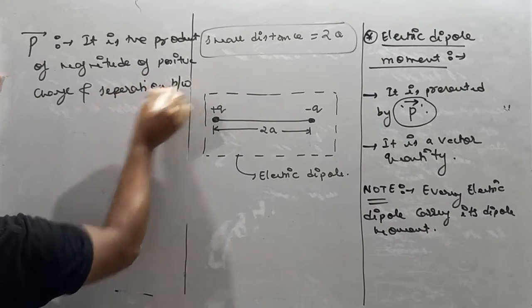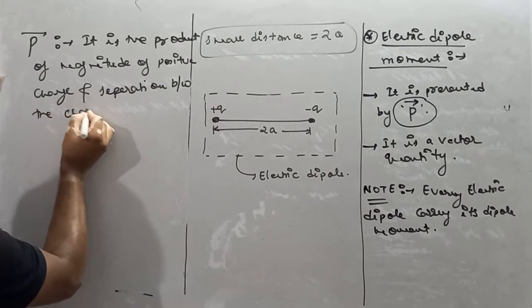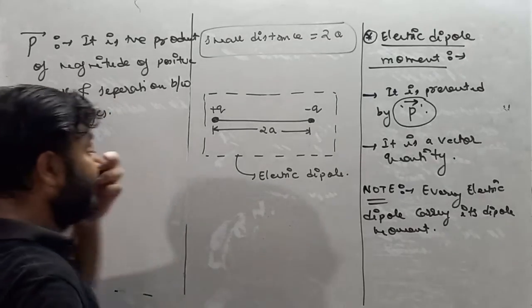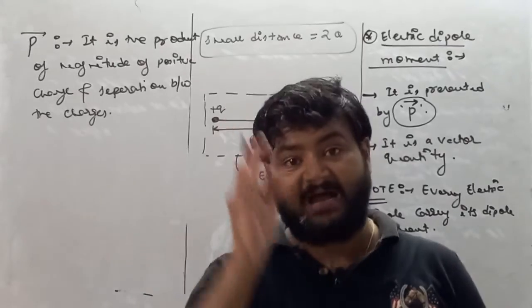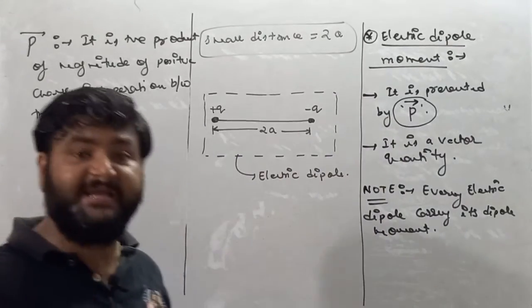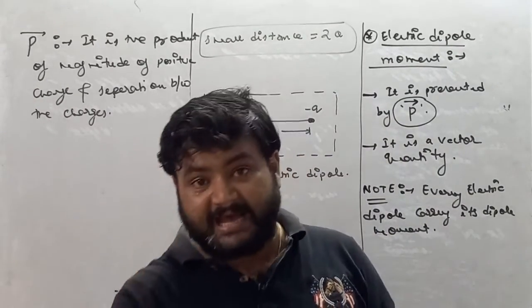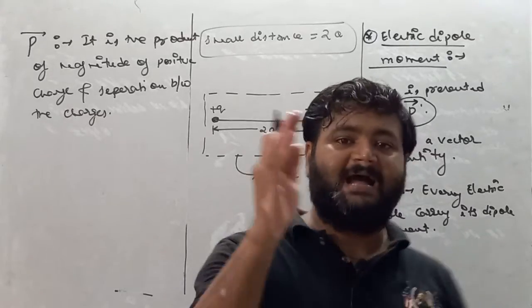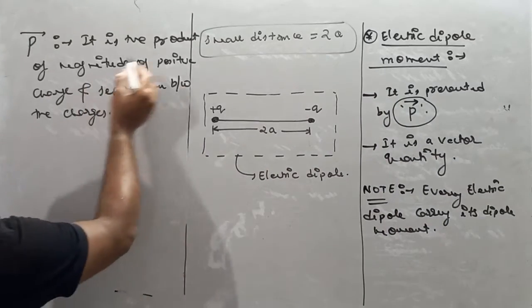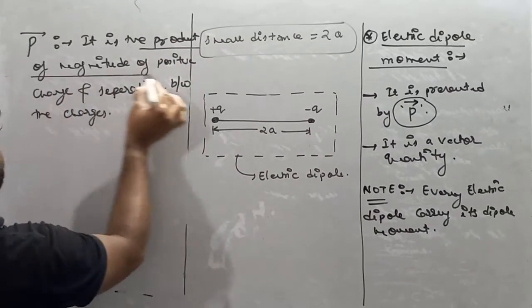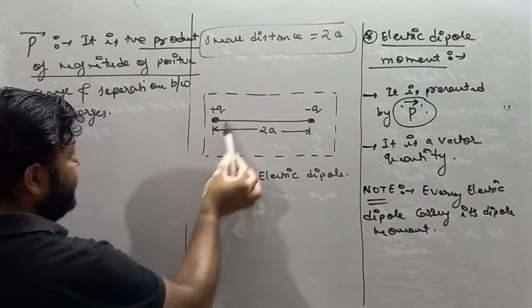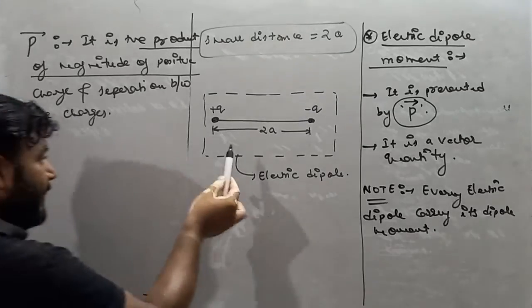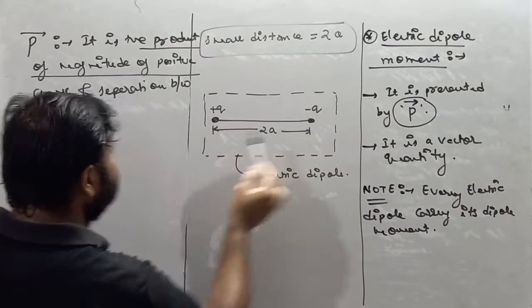See, dear student, every dipole system carries its dipole moment. The meaning of dipole moment is that it is the product of the magnitude of the positive charge multiplied by the separation between the charges.